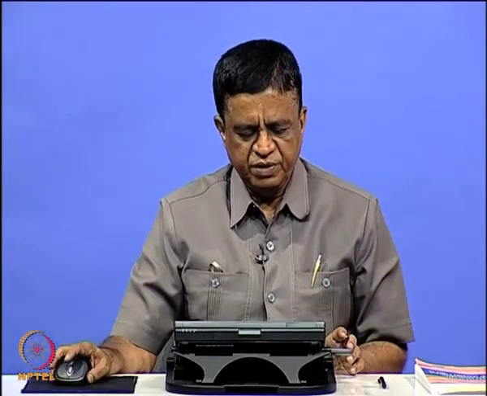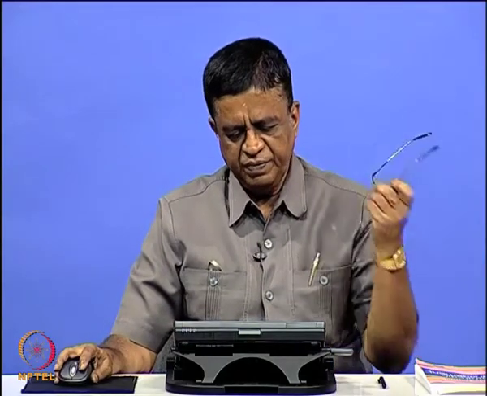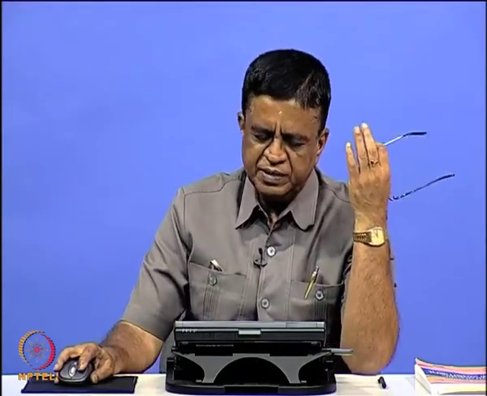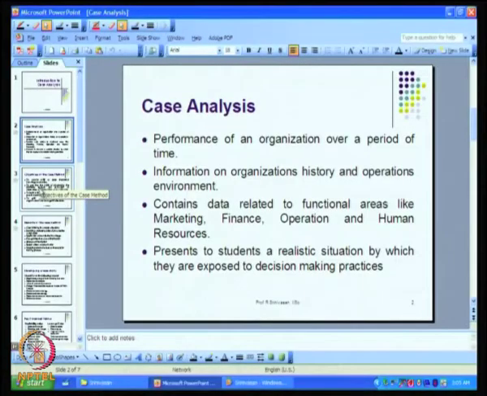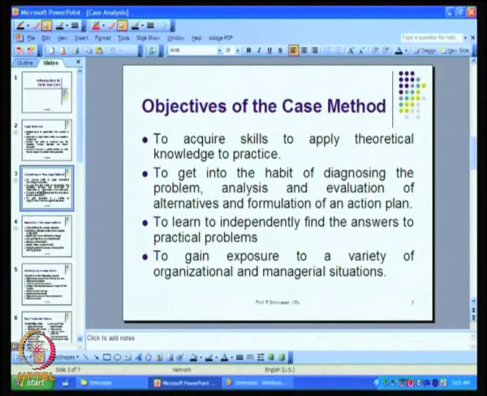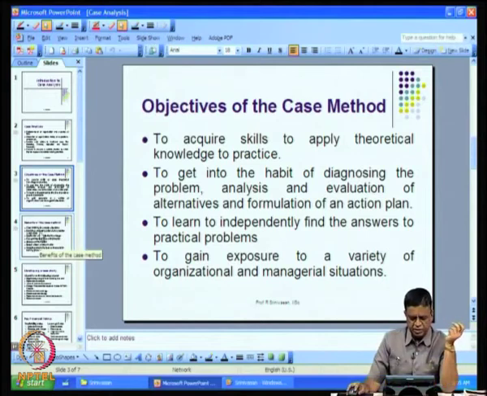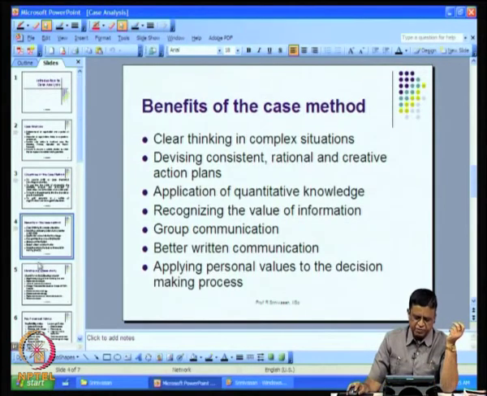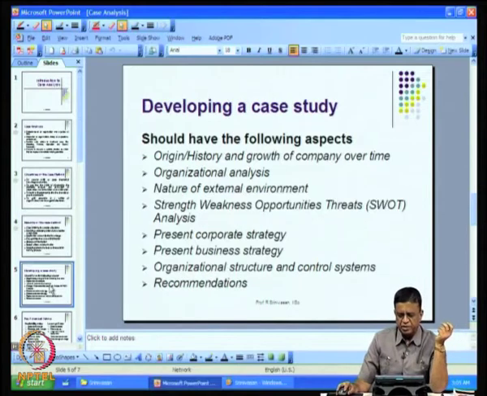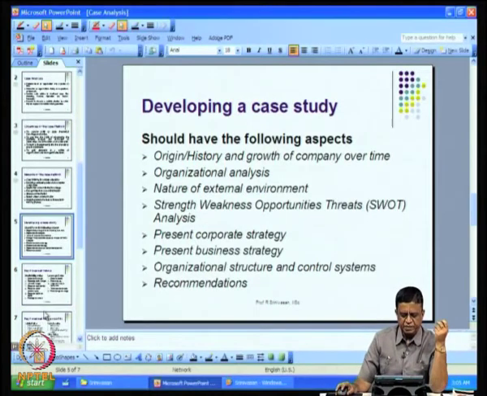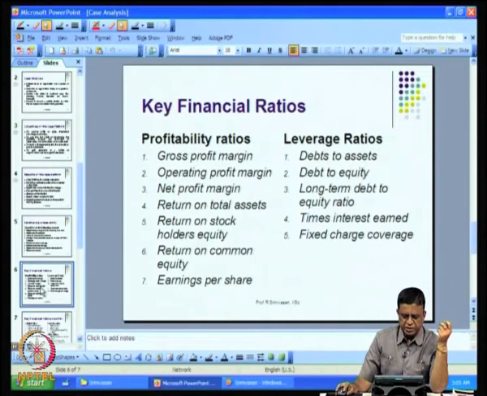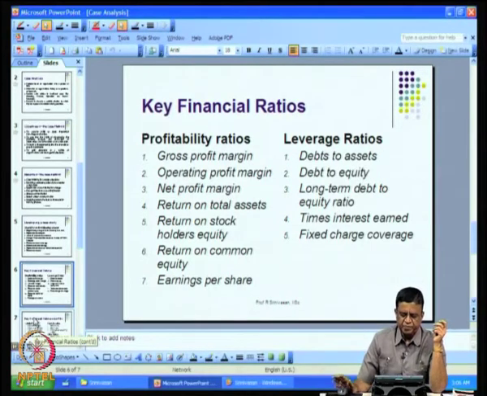We first went from how do we develop a case, how do we analyze a case, then what are the objectives of the case method, then what are the benefits of the case method, then how do we develop a case, then we looked at what are the ratios that we should consider when we are analyzing a case.